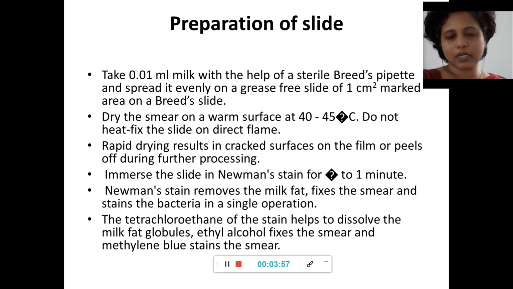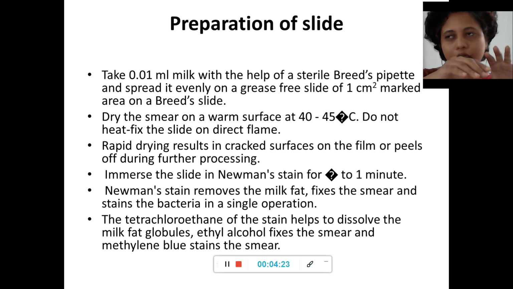So you just keep the slide as such. You do not give heat fixation, but of course you need to fix it. If you heat fix it in a direct flame, the protein and all that will peel off from it.